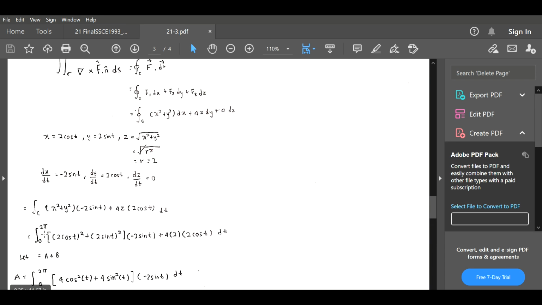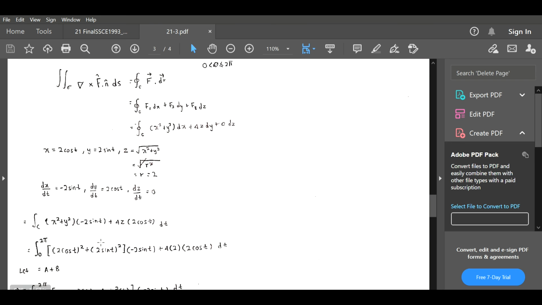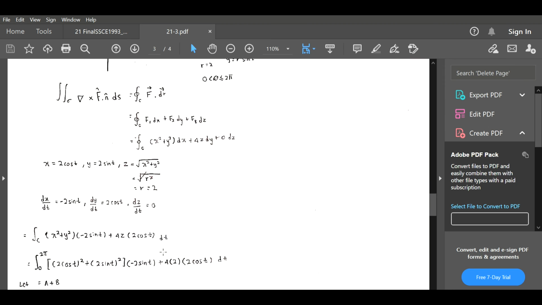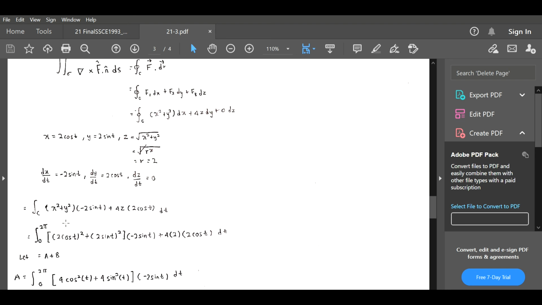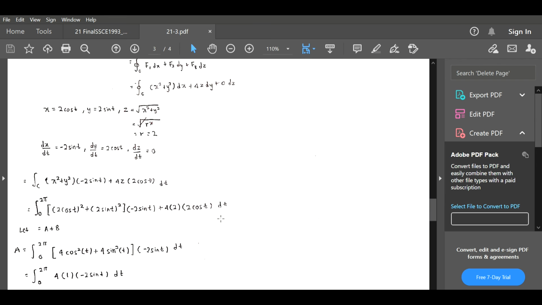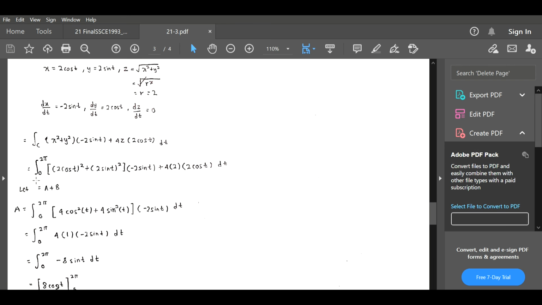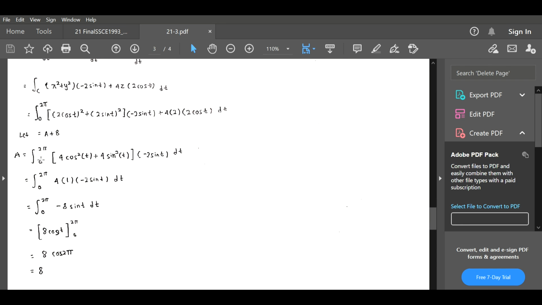Again, the limit is 0 to 2 pi because our theta is 0 to 2 pi. So we substitute the corresponding values, and then we get this. Because this is too long, we can do it one by one. We can let this one become A, and this become B. So this one is A.